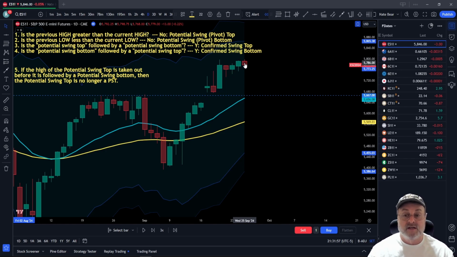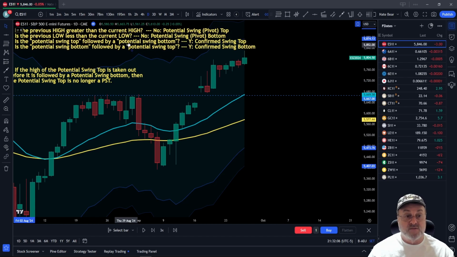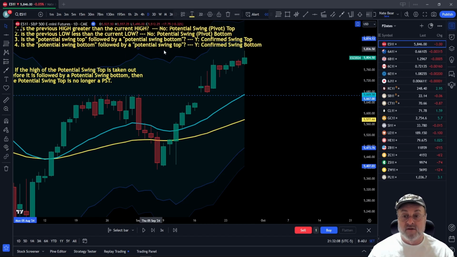All right, so let's see what happens next. Okay, so we're still moving. So let me get this out of the way because we're running out of space here. This is a new high. So this one is no longer a potential swing top. This now is the new potential swing top.